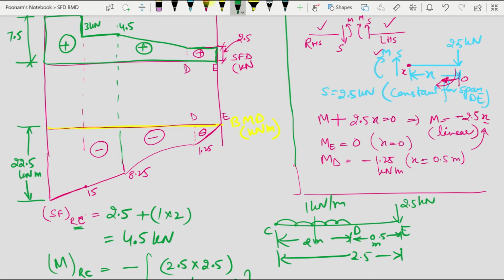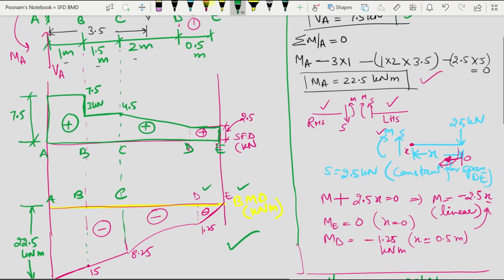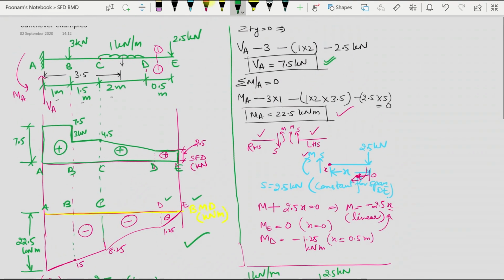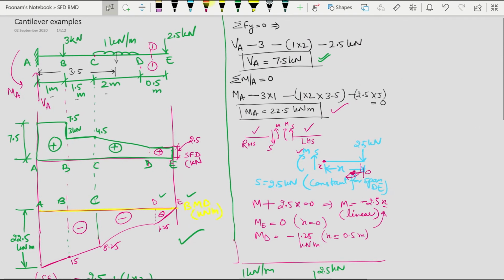So this is my bending moment diagram at various points A, B, C, D and E for a cantilever beam.